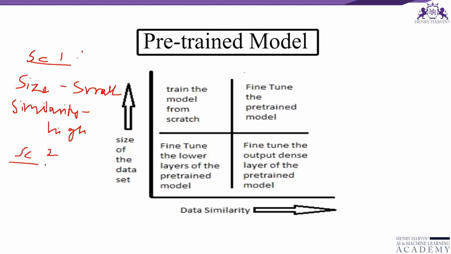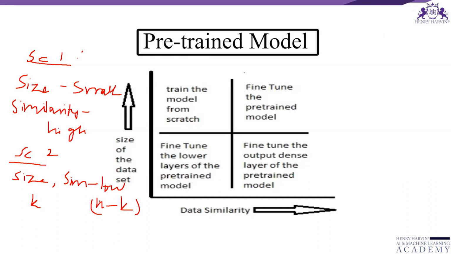So scenario 2, right? Here, data size is small and data similarity is also small. So let me write that size as well as similarity, both are low over here. So here we can freeze the initial layers, that is the K layers of the pre-trained model, and then train the remaining N minus K layers again, right?